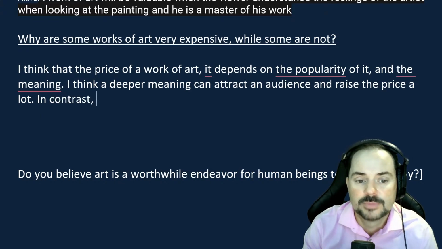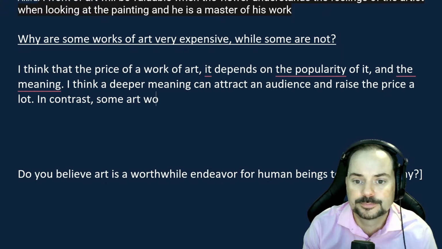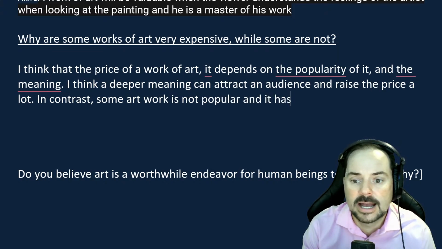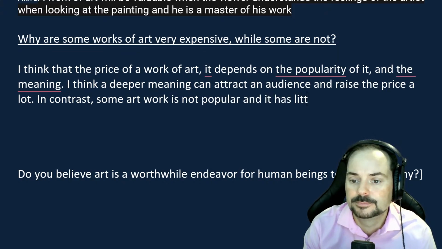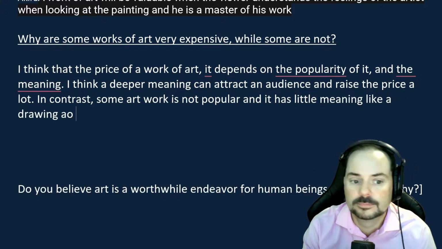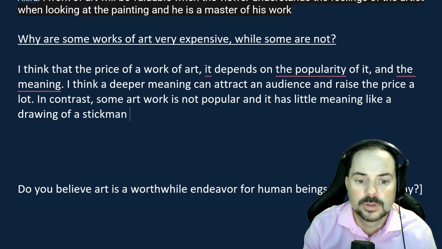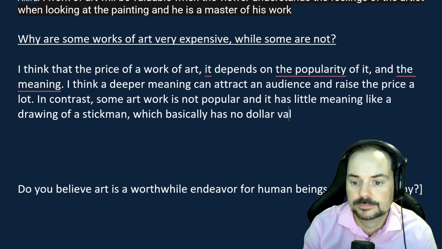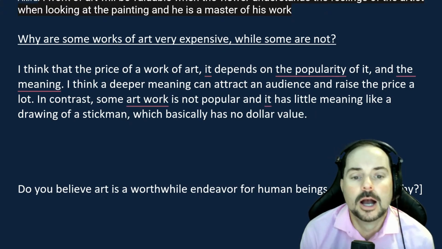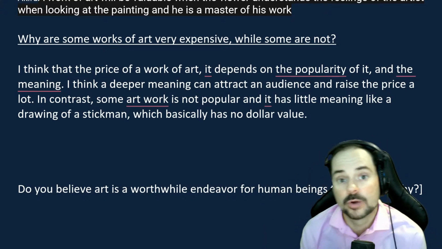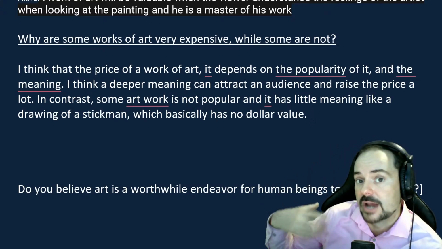In contrast, some artwork is not popular and it has little meaning, like a drawing of a stick man, which basically has no dollar value. Okay, so answering that second half of the question, and then you will get a great score because then you have a complete, clear, accurate answer.